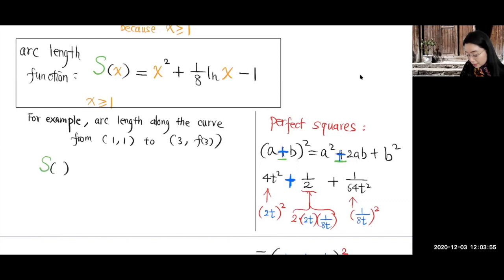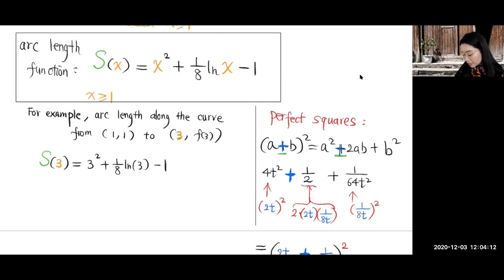And you just substitute 3 into x, so you get 3 squared plus 1/8 ln of 3 minus 1. And when you do the calculation, that is about 8.1. So that arc length is about 8.1 along the curve from (1, 1) to (3, f(3)). Now we're done with this section.